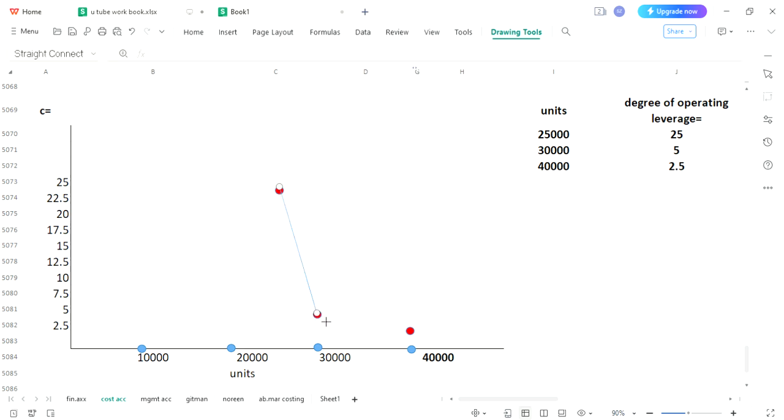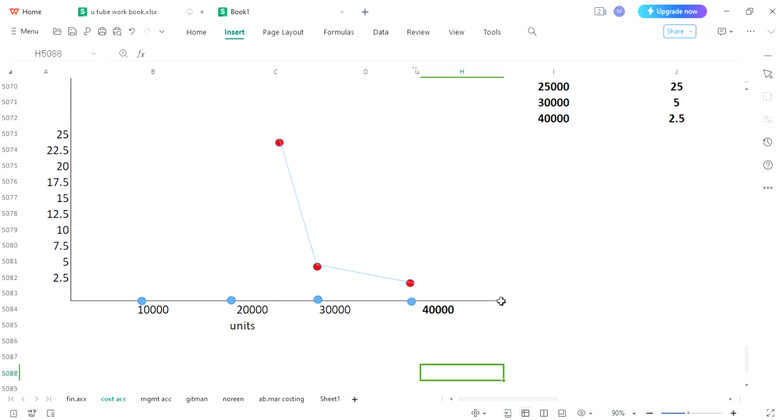This is your first line, and now we need to have another line, and that would be from B point to your C point. So guys, this way you have completed your graph for C part, and this would be just like this. A little more adjustment is needed.